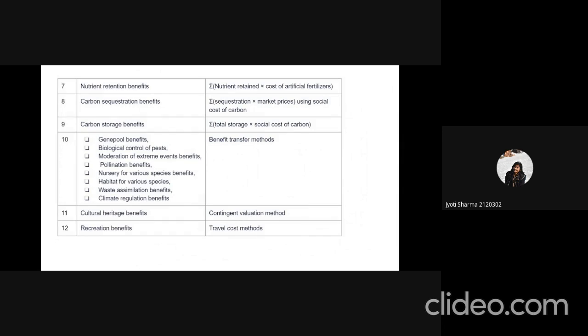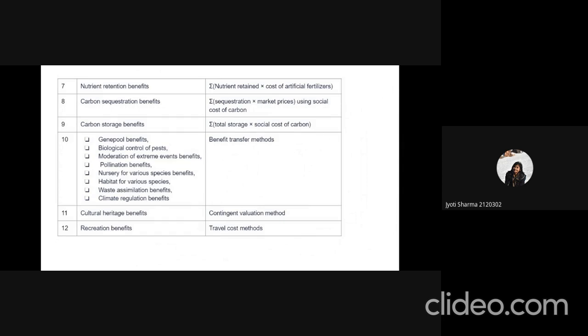Danish also told about the recreational benefit. So we will estimate how much tourism it has been generating. We take the transportation charges, then the hospitality charges, then the jeep safari charges, and we take some charges from them. The different types of charges will be added and we will get a number.